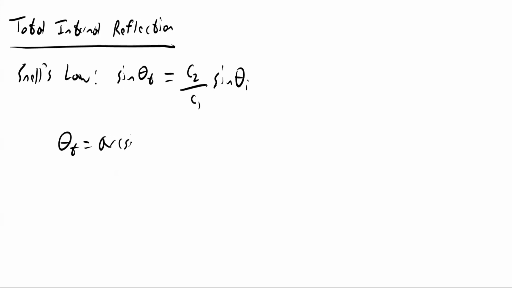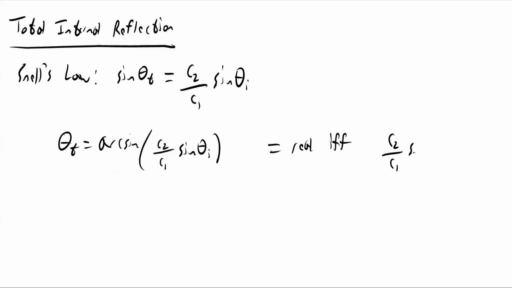So we have that it's the arc sine of C2 over C1 times sine of theta I. And this turns out to be real if and only if C2 over C1 times sine of theta I is less than or equal to 1.